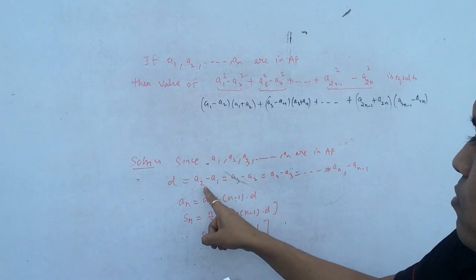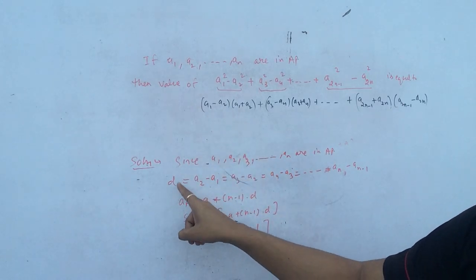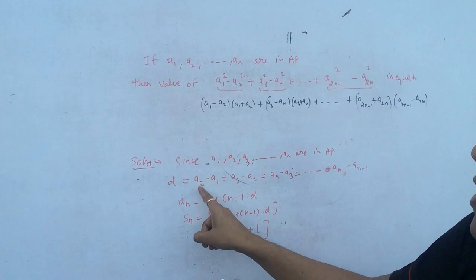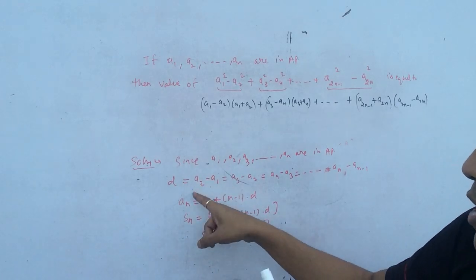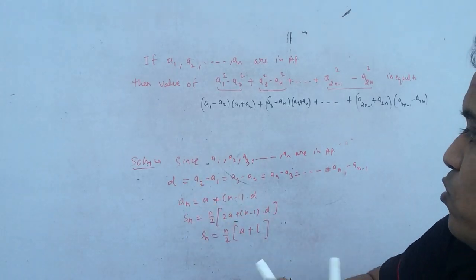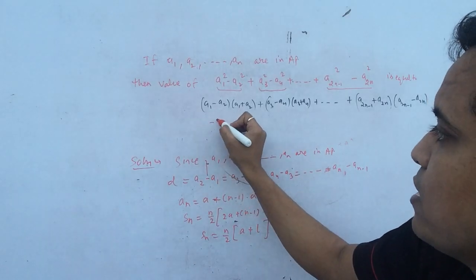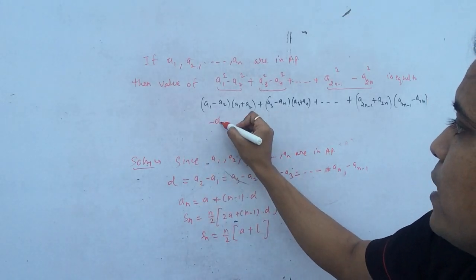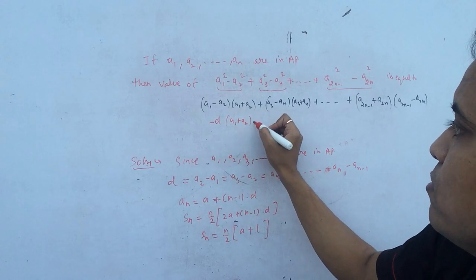All right. A2 minus A1 is D, so A1 minus A2 would be minus D. Can we use that? Yes, minus D. So here we use minus D times A1 plus A2.